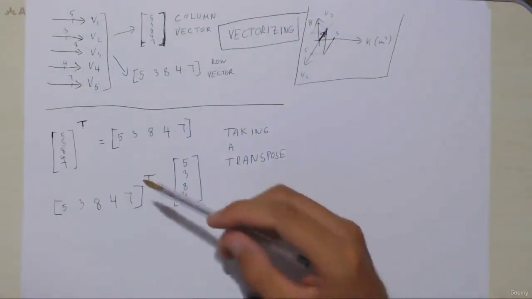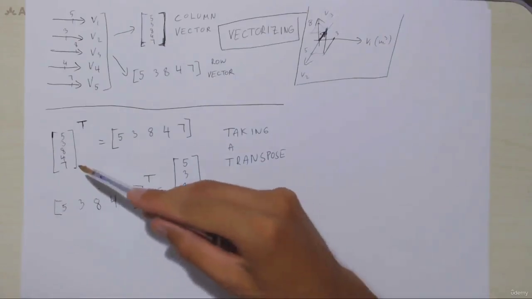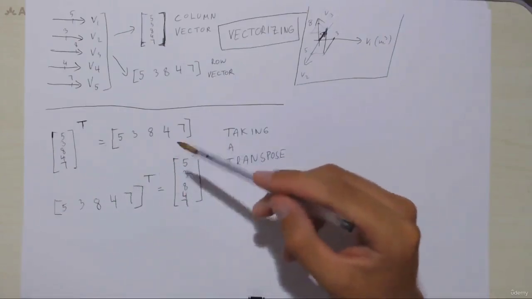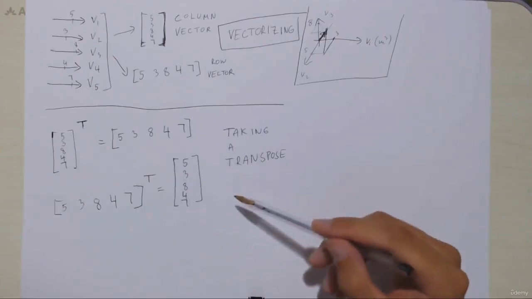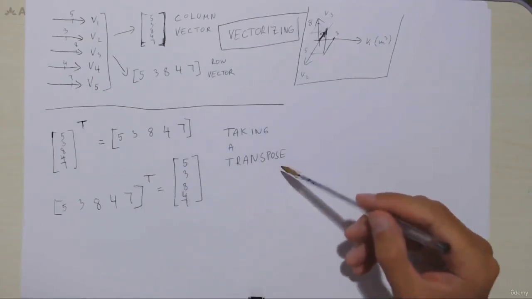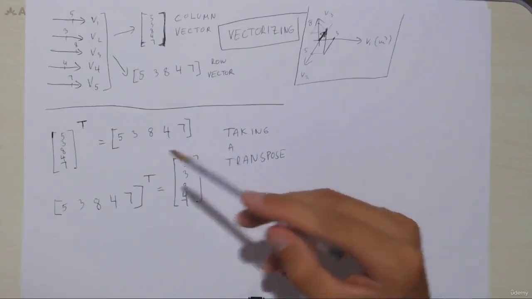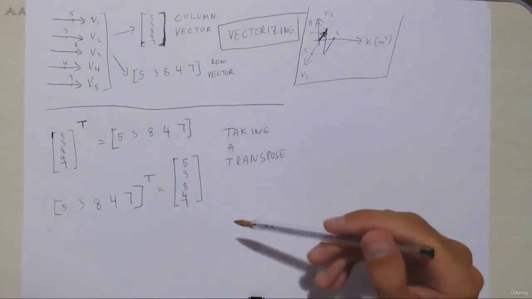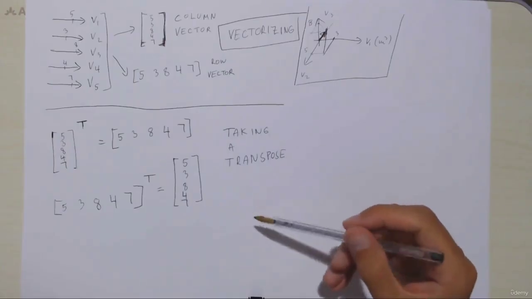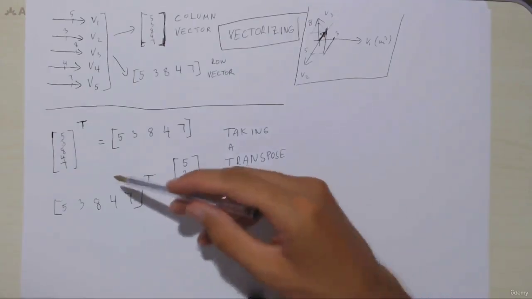And then, if I want to go from a column vector to a row vector, or from a row vector to a column vector, I take a transpose. If I take a transpose of a column vector, I will get a row vector, and vice versa. So taking a transpose is another operation.